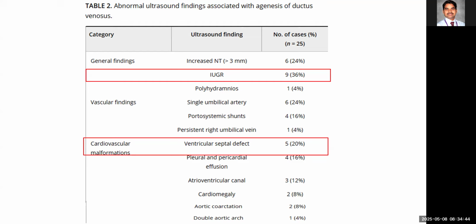Totally, 15 cases show cardiac anomalies, of which ventricular septal defect was the most common malformation in this category. It was diagnosed in 5 cases. Other serious malformations were pleural pericardial effusion, atrioventricular canal, cardiomegaly, aortic coarctation and double aortic arch.